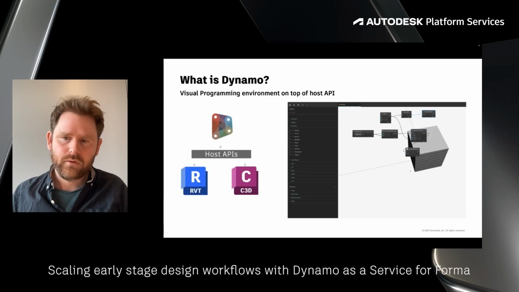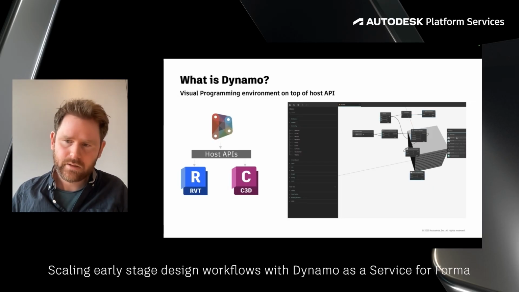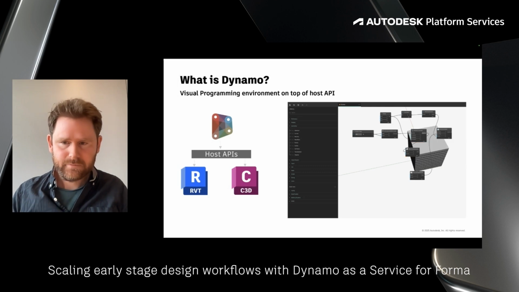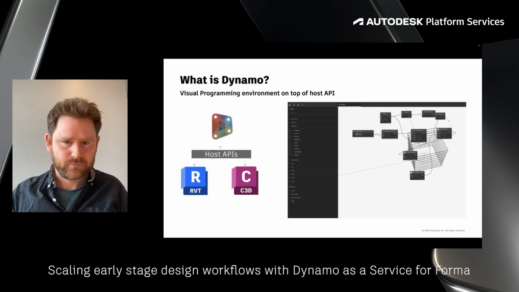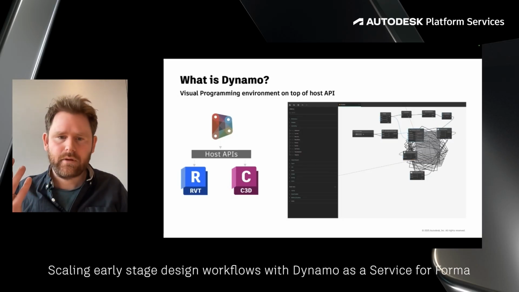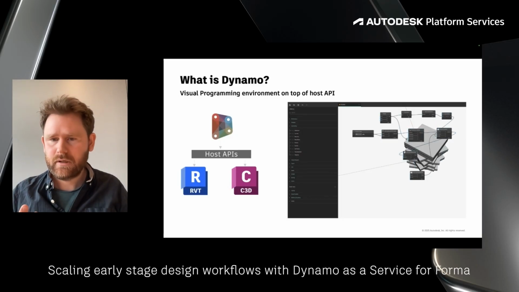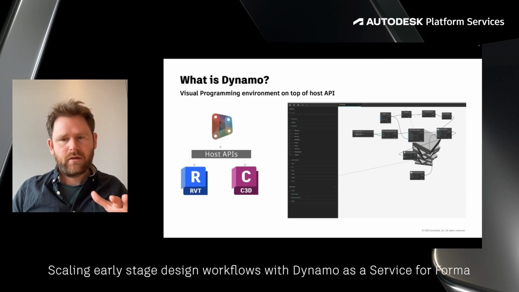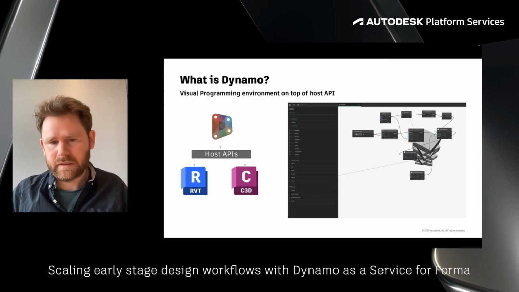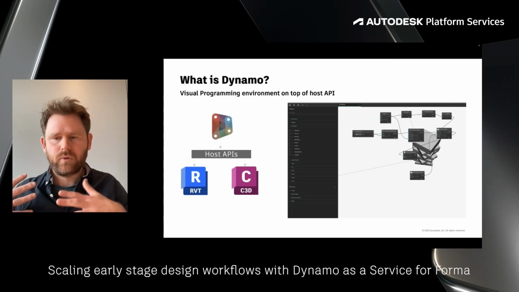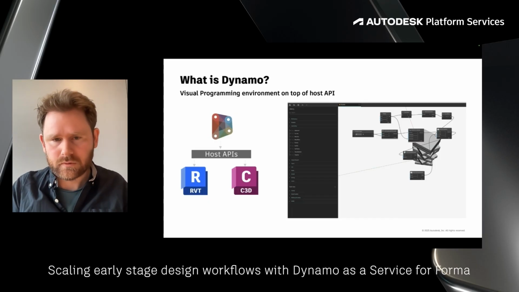With Dynamo, you can program in a visual way where you drag and drop nodes and edges and incrementally see the geometry appear in the background. And a really nice property is that it's built with a kernel that's potent, so that you can do a lot of geometrical manipulations with it. But it's also built on top of the Revit and Civil 3D APIs, so you're able to pull in the data models of those softwares.